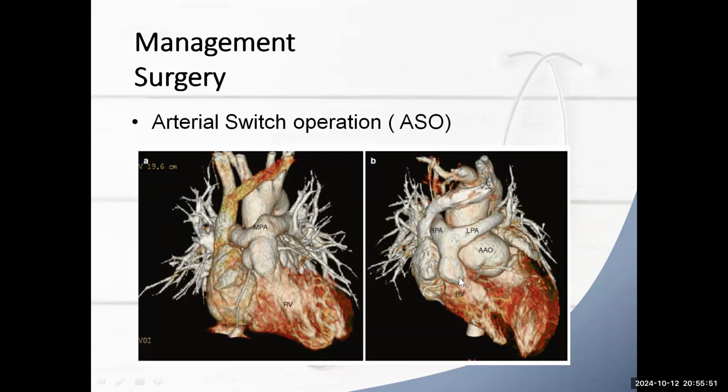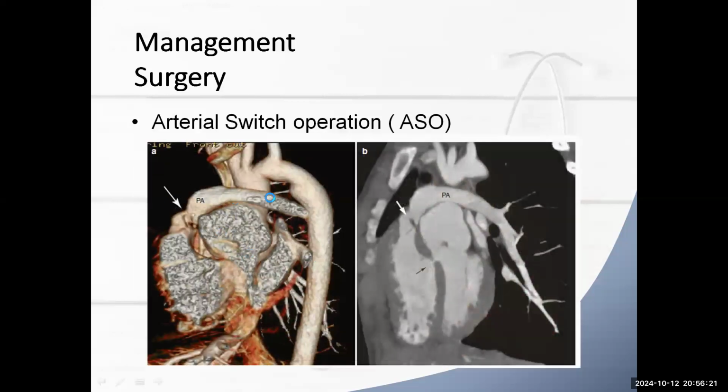So, the pulmonary artery is coming from the right side, and the aorta from the left side, and always the aorta will have aortic root dilatation. We don't want the lecture to be more complex, but always the aorta, by time, will have aortic root dilatation and aortic regurgitation. Okay? And the pulmonary artery branches will saddle the aorta like this, like a saddle of the horse, which is the Lecompte technique.